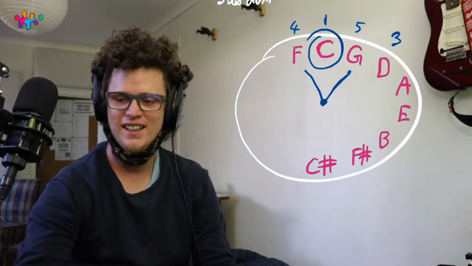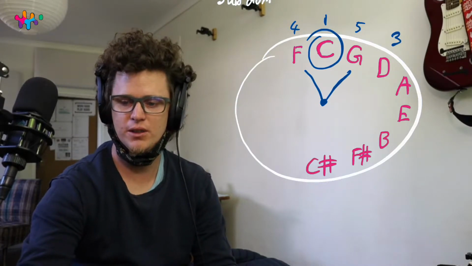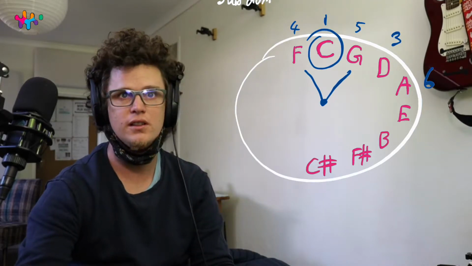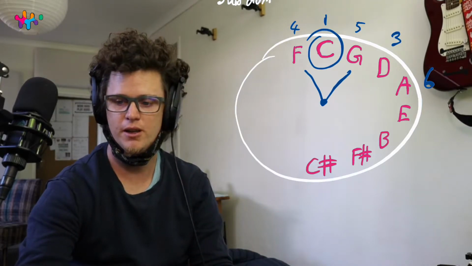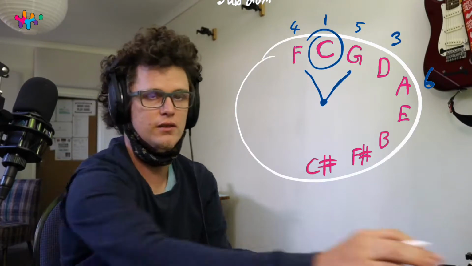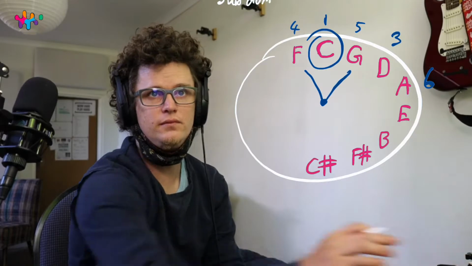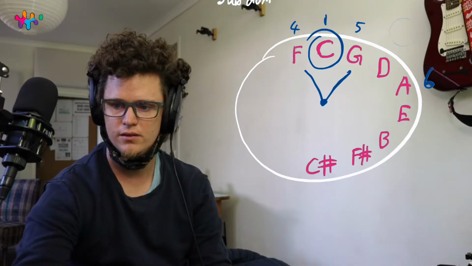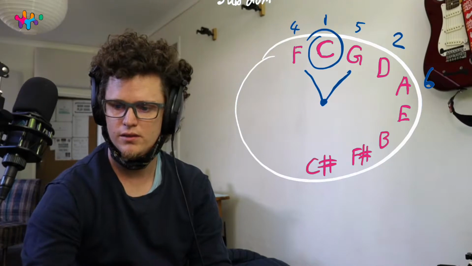Okay, so the dominant and the subdominant. Give me numbers. Your 3rd chord, which is going to be minor, is going to be D minor, and your 6th chord is going to be A minor. Okay. Wait. That's your 2, and that's your 3.